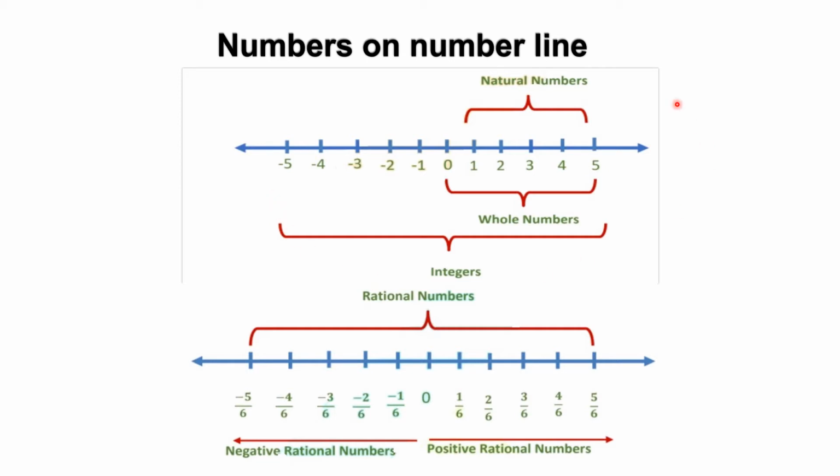The same way we can represent rational numbers on the same number line. The rule is the same: at the center we have 0, on the right side the positive rational numbers, and on the left side the negative rational numbers.